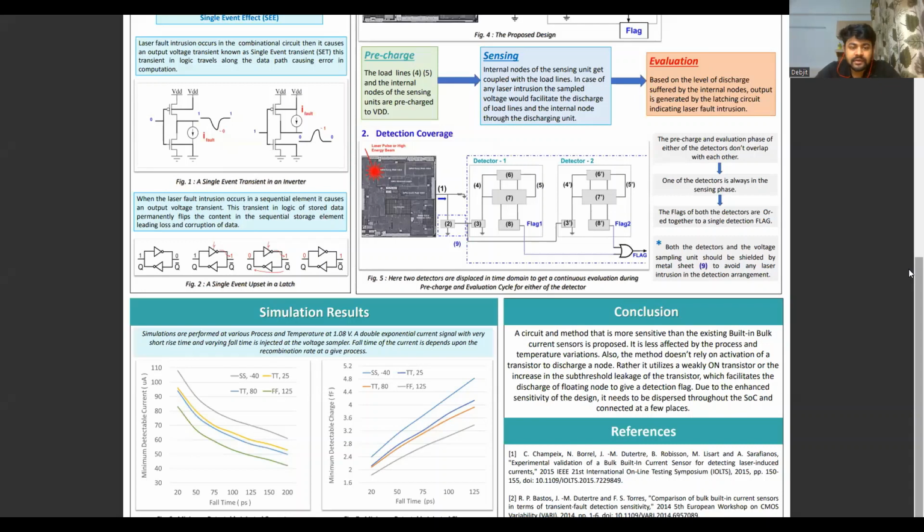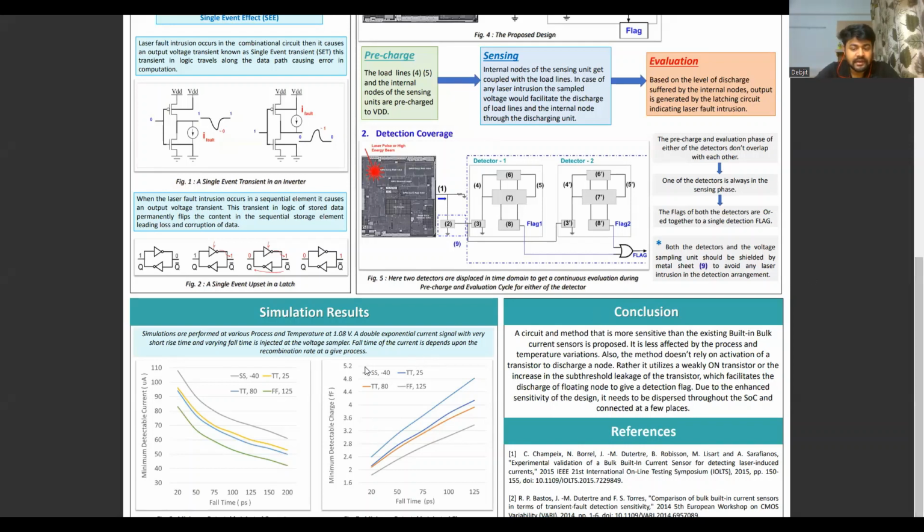Now coming to the simulation results. Here, the simulations are performed at various process corners and temperatures with supply at 1.08 volts. To simulate the effect of laser fault intrusion and to model the photocurrent, a double exponential current with very short rise time and varying fall time is injected at the common node of the voltage sampling.